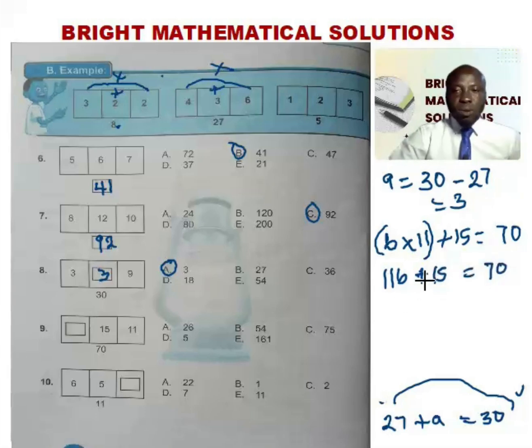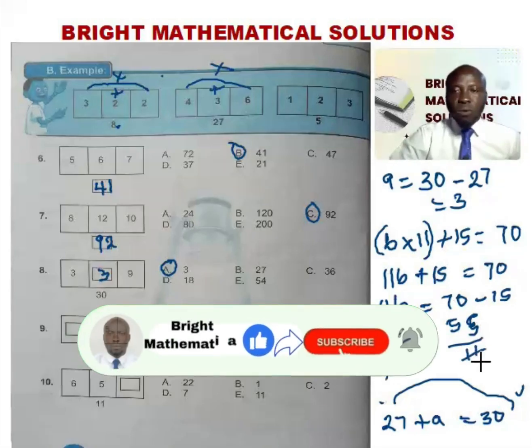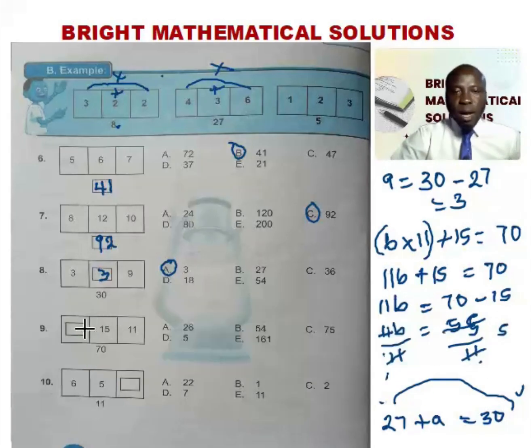Now let us take this 15 to the other side such that 11B equals 70 minus 15. Therefore, 11B equals 55. To find the value of B, we divide both sides by 11. 11 in 11 is 1, and 11 in 55 gives us 5. So B is 5. This is our answer.